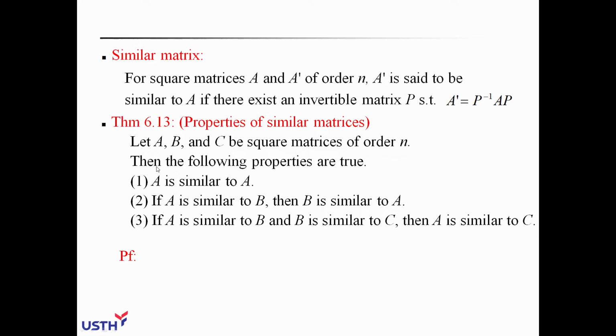Suppose that we have A, B, C, square matrices of the same order n. Then A is always similar to itself. I mean, A is similar to A. In that case, I choose P to be the identity. And if A is similar to B, then B is similar to A.